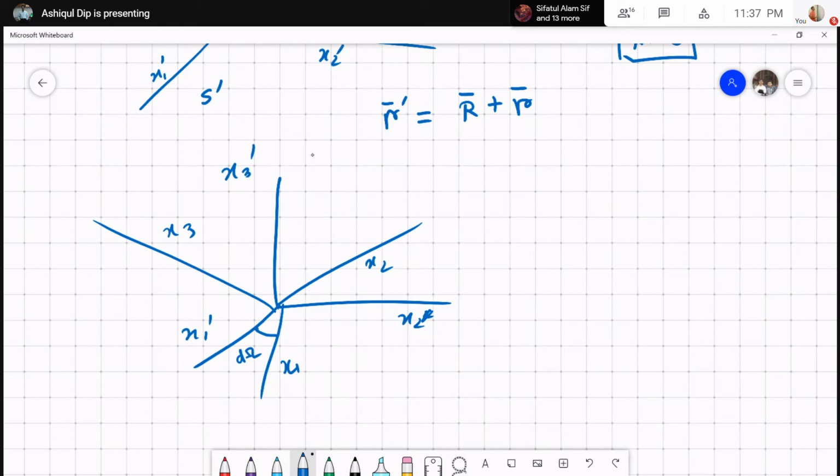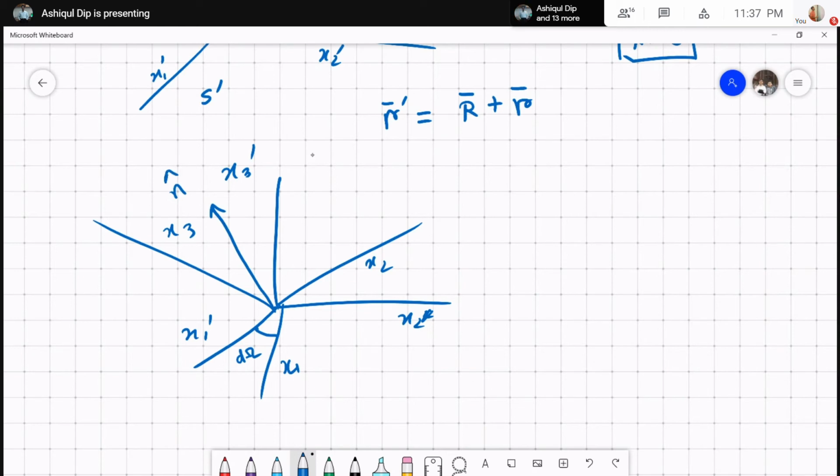So we can view this as the first one and the second one being separated by a rotation along some axis n hat. n hat is the direction of the axis.